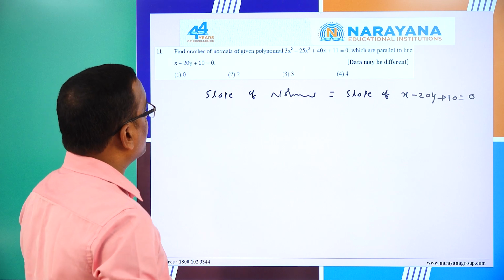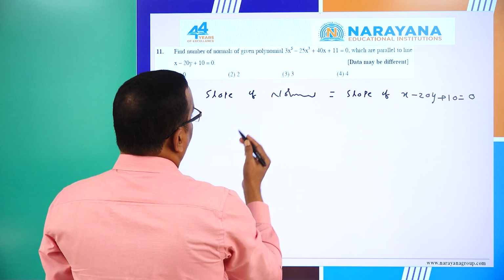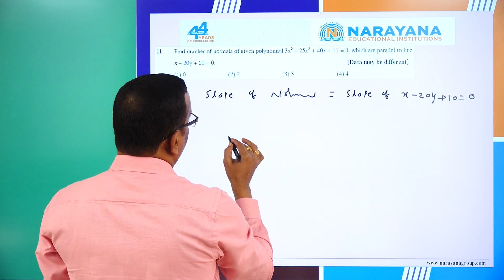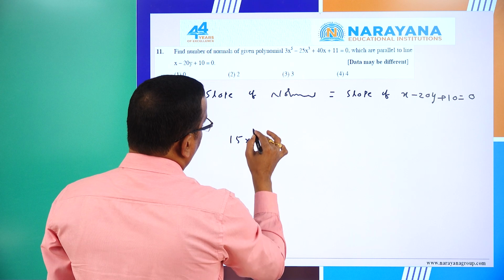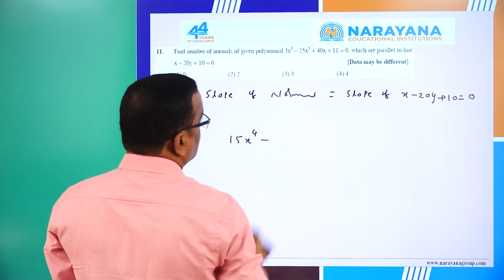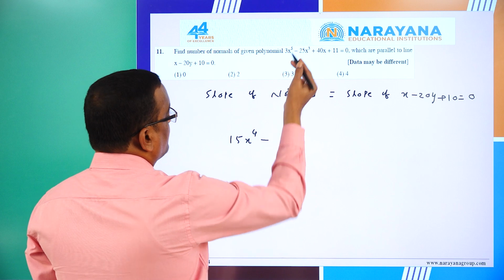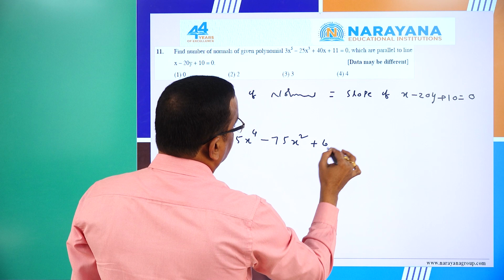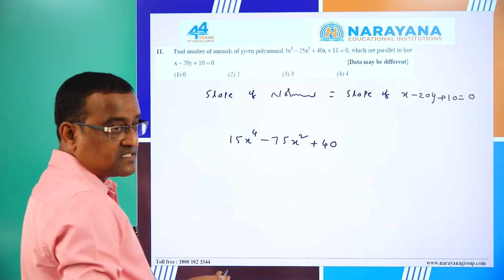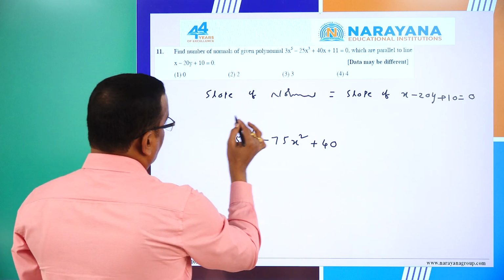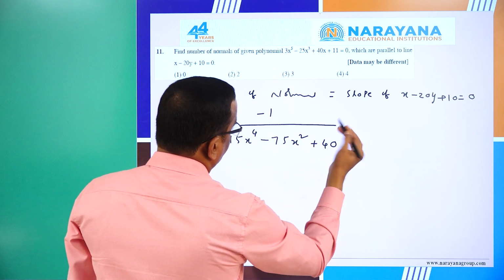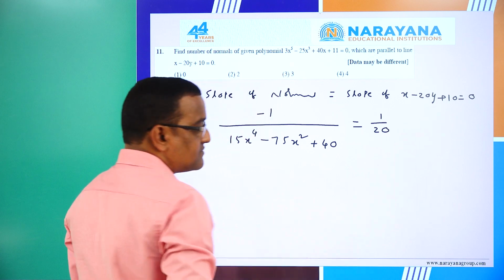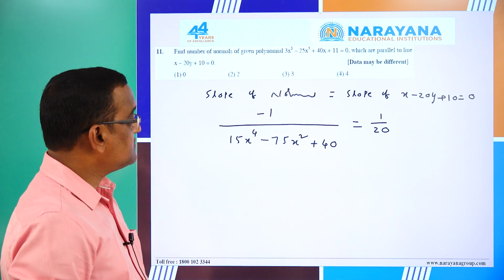First of all, what is dy by dx here? 3 into x power 5, derivative 5x power 4, that is 15x power 4, minus 25x cube, derivative 75x square, plus 40. This is dy by dx. So minus dx by dy becomes minus 1 by this. This is given as 1 by 20, that is the slope of this line, minus x coefficient by y coefficient.